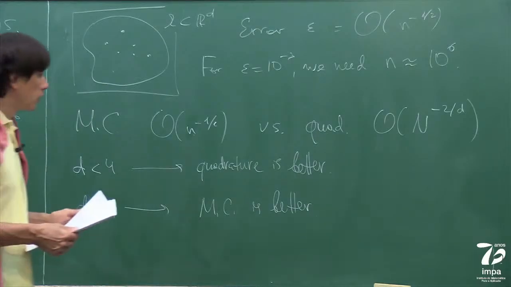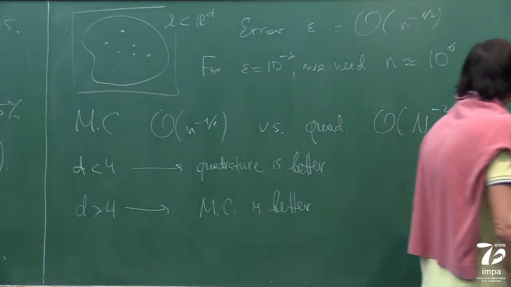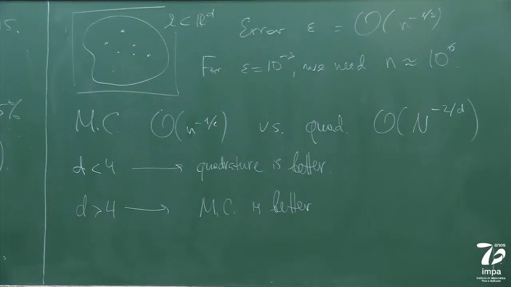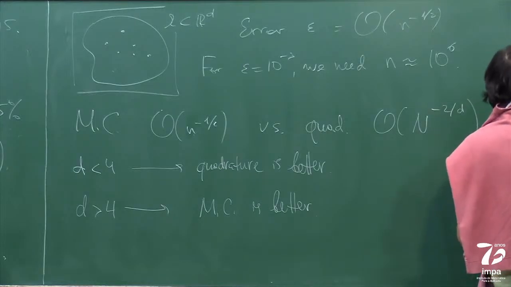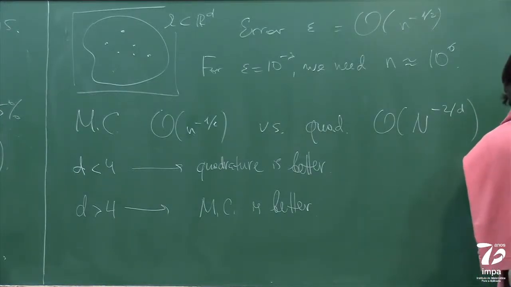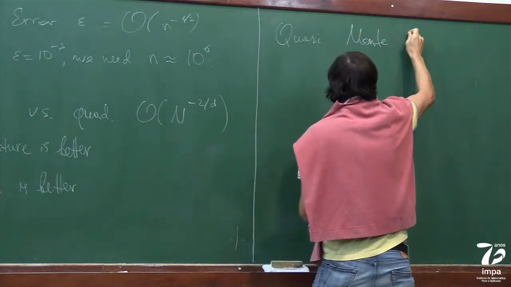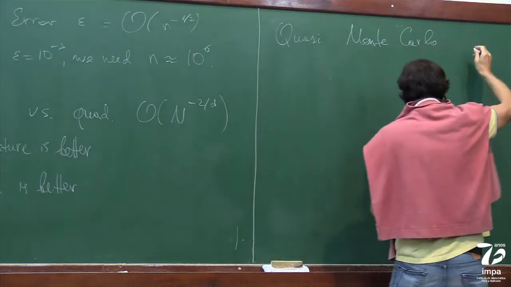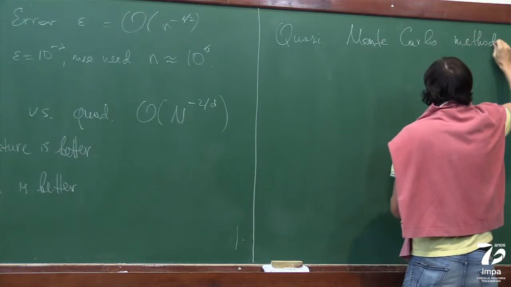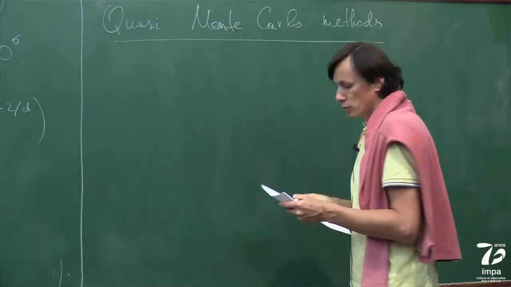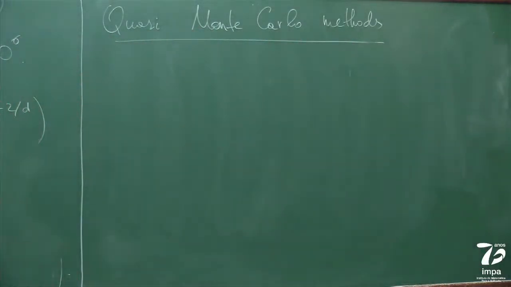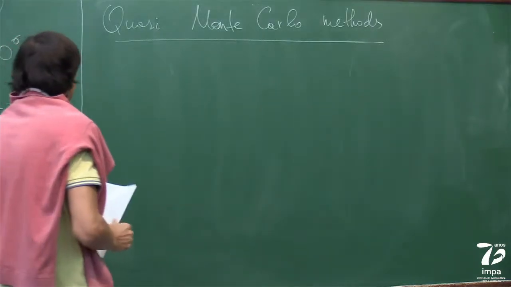Okay, so the next step is some modification of the Monte Carlo method, which is called quasi-Monte Carlo. Quasi-Monte Carlo methods use, so it's better in some sense.